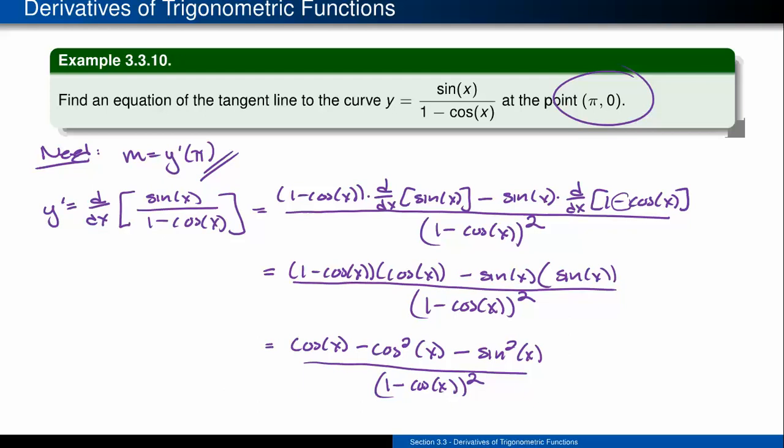What I'm going to do is use this fact that cosine squared plus sine squared is equal to 1, which tells me that negative cosine squared minus sine squared is actually equal to negative 1. And that's going to give me a cosine of x with a negative 1 up on top, and then a 1 minus cosine of x quantity squared on the bottom.